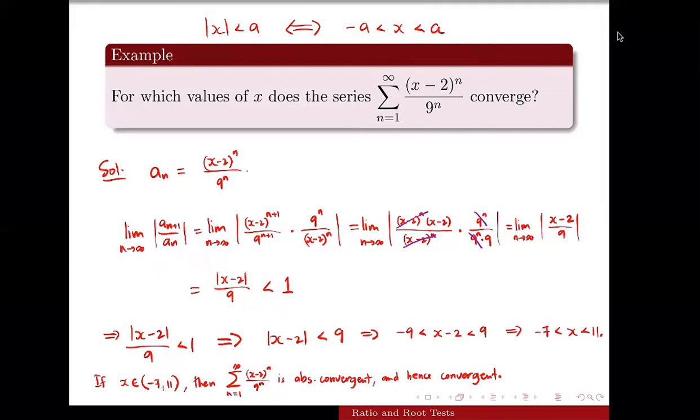Now, if this is equal to 1, it means you need to use x equals negative 7 or x equals 11.